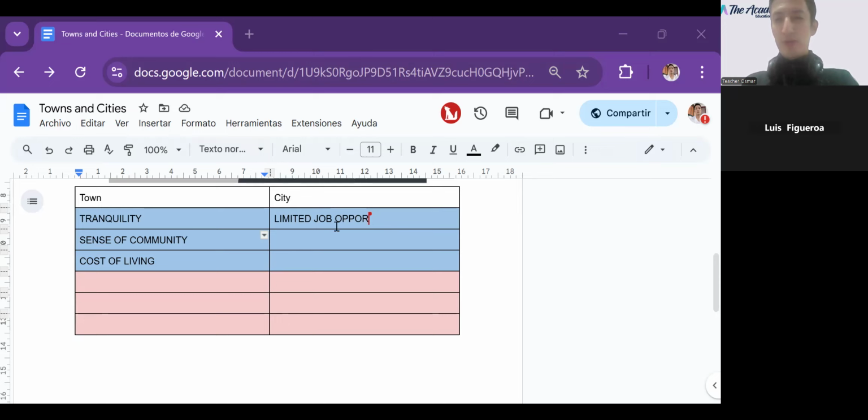Ok, remember Luis, en la parte blue son ventajas, ¿no? Entonces esa de limited job sería en la parte red. Ok, no worries.